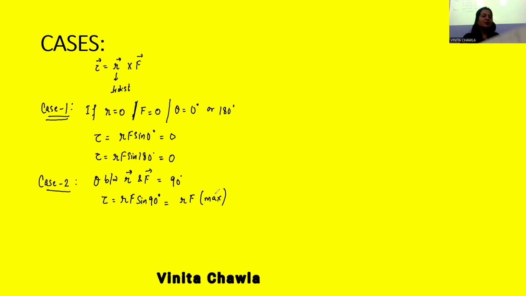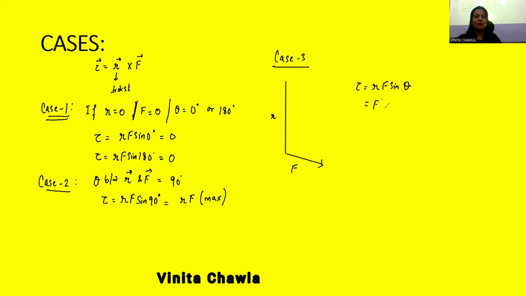Now we have another case, case 3. Torque is R F sine theta. So we can write F into R sine theta. ठीक है, theta is the angle between these two.